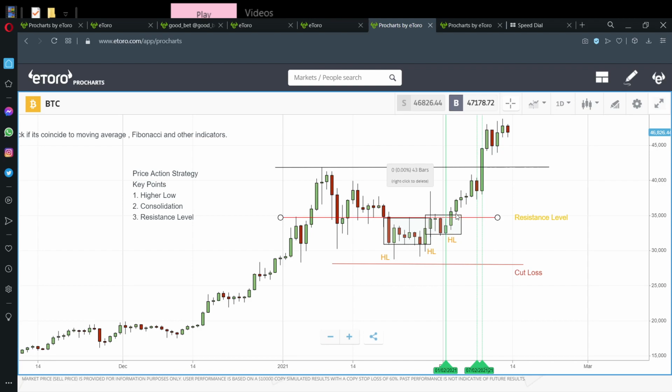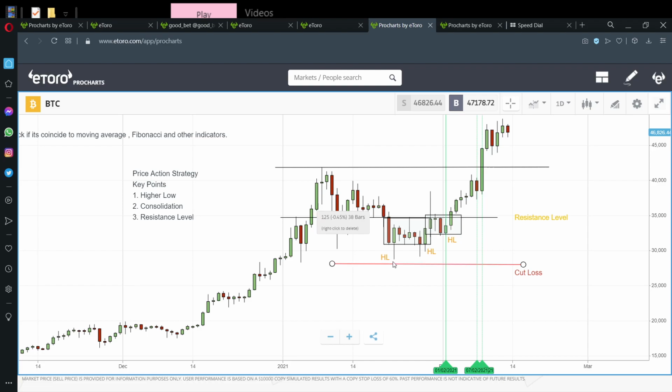Before its breakout, you will notice that after this price rejection, there is a minor pullback, but the low price level of this candle is not lower than the prior low in this candle.